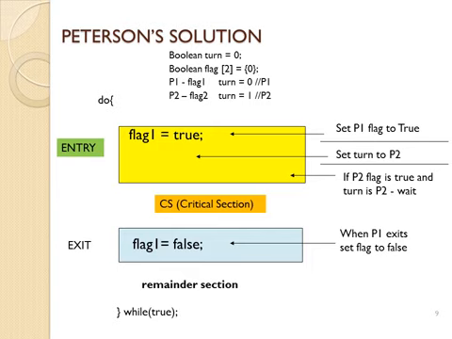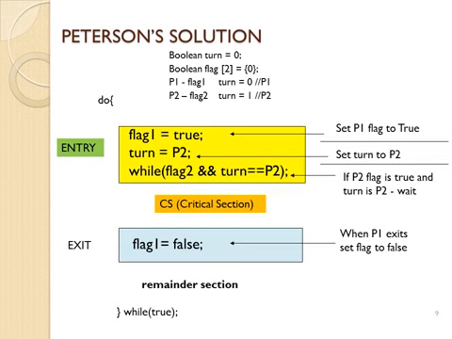So at this point, both flag 1 and flag 2 are set to true. Then P1 will say, well, I would like to go in there, but I will let P2 have its turn. Remember, this variable turn can only have two values, either 0 or 1. So right now, this is set to 1, meaning it's P2's turn to go into the critical section.